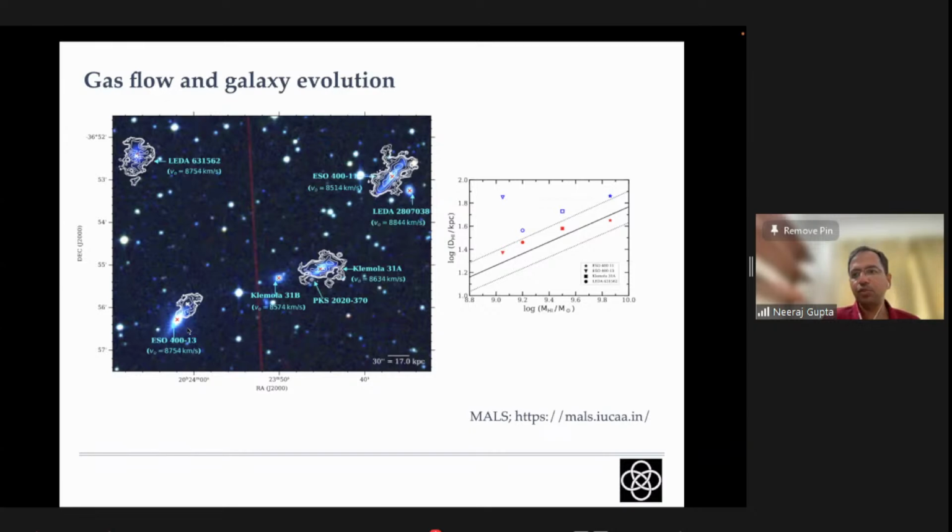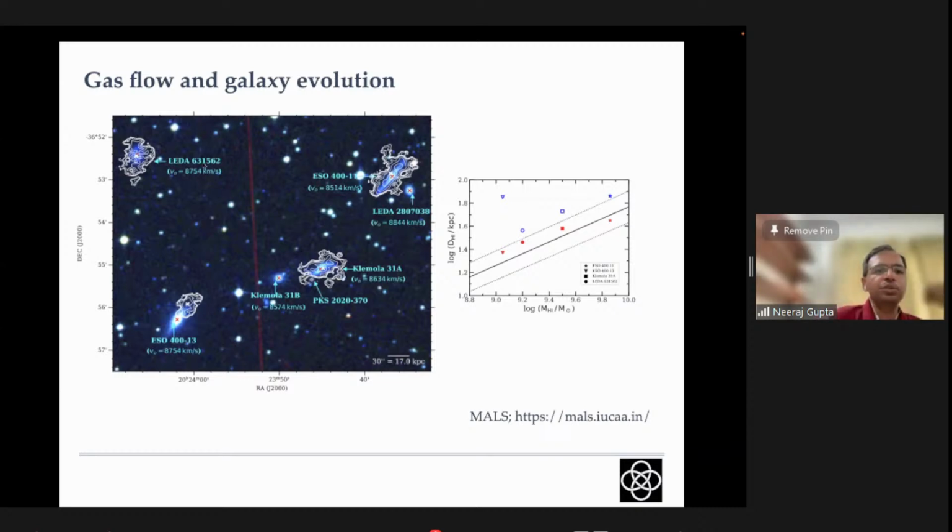So it has to be due to ram pressure stripping, and ram pressure stripping would happen substantially only when it is moving at a high velocity. Why high velocity? Because this is a very young group, and such groups do not have very dense gas. Ram pressure depends on rho v squared, the density and the square of the velocity. So if the density is small, it would require very high velocities. That's the reason we postulate that this must be moving at a very high velocity in the intergroup medium.